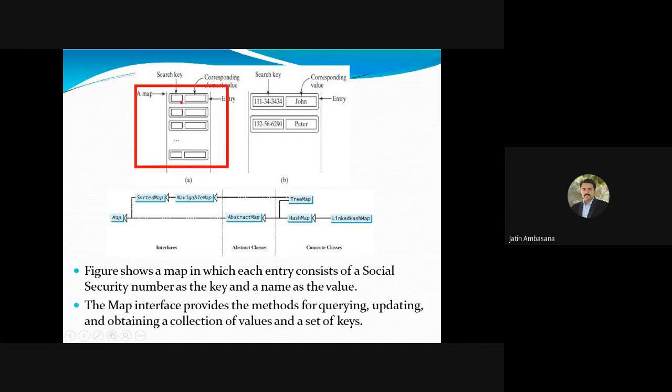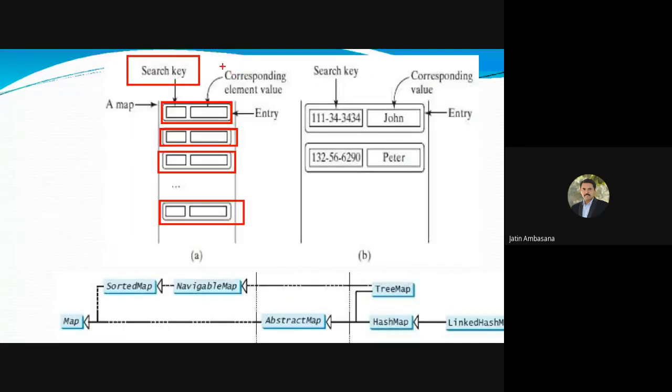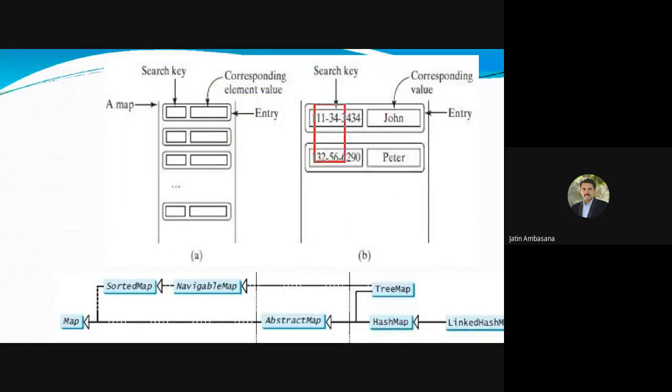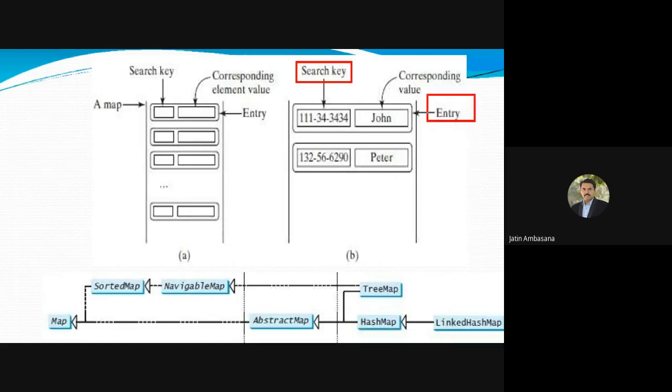So this is a map where this is one entry, which is a key value pair, and there are different entries like this, which are nothing but key value pairs. This key can act as a search key, and it would retrieve the corresponding value. For example, these are the keys and these are the values. So you can use this search key to search a particular entry.